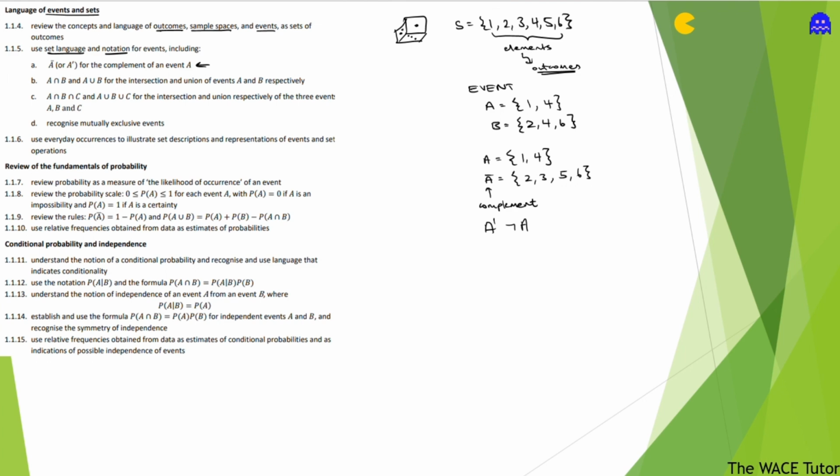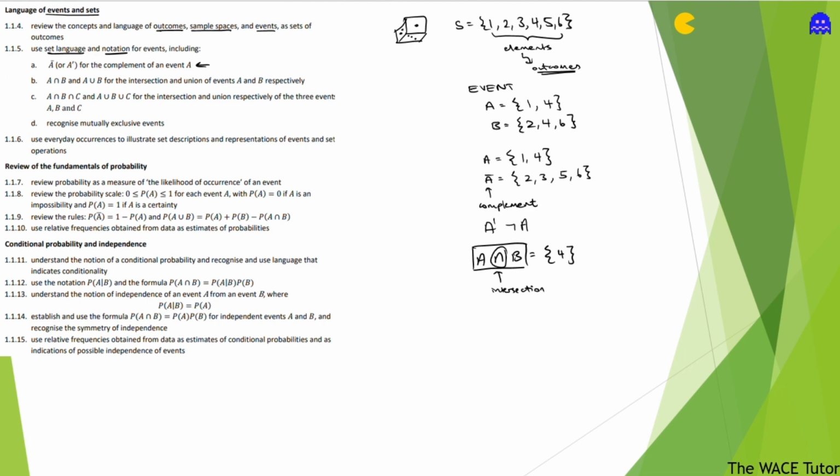So that's complements. Now let's take a look at intersections and unions. If I talk about the intersection of A and B, this is equal to the number 4. Why is it equal to the number 4, you may ask? Well, I'm about to tell you.